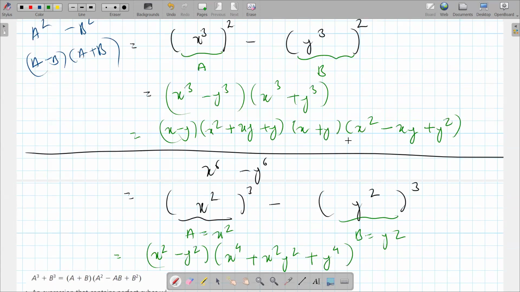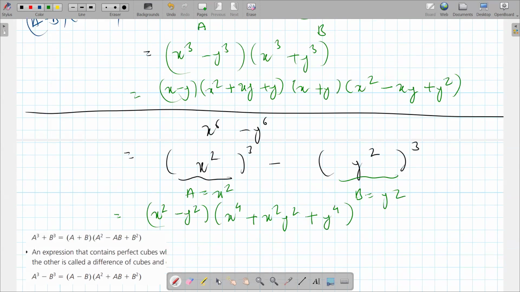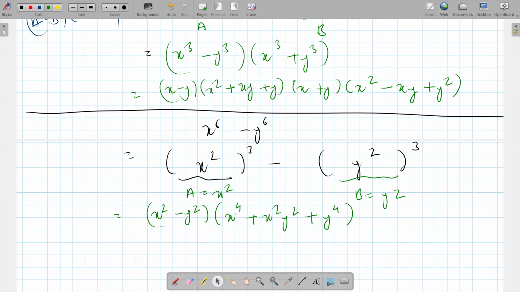Okay? And then for the final step, you can open this x minus y, x plus y, and then x^4 plus x squared y squared plus y^4. And that'll be the final answer for this question.